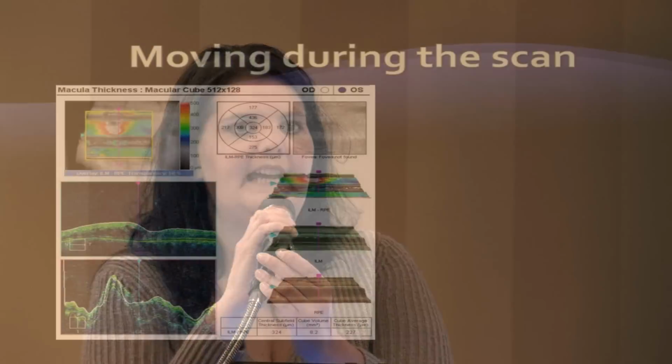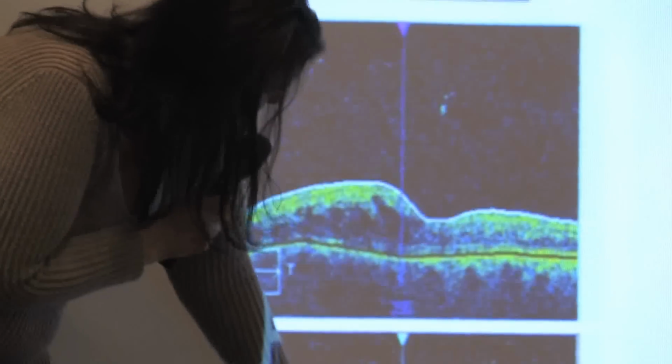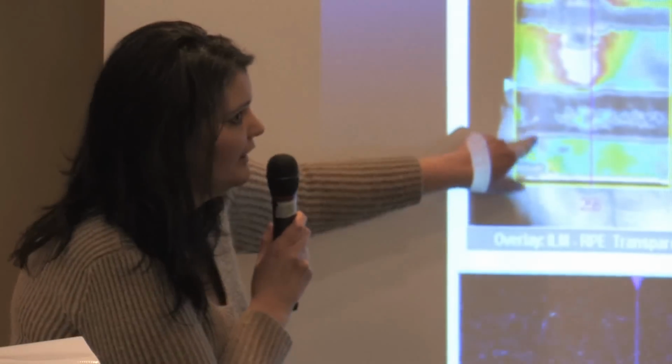This is actually a scan where there's movement during the scan. Not that we can't use the scan, but I wanted to show you how if you do move during the scan, this is what we see. There's moving, it's not slow and continuous. It's making it harder for us to obtain the information. That's why we're not trying to be difficult by saying hold still, but it really makes it harder for us to get information from it.